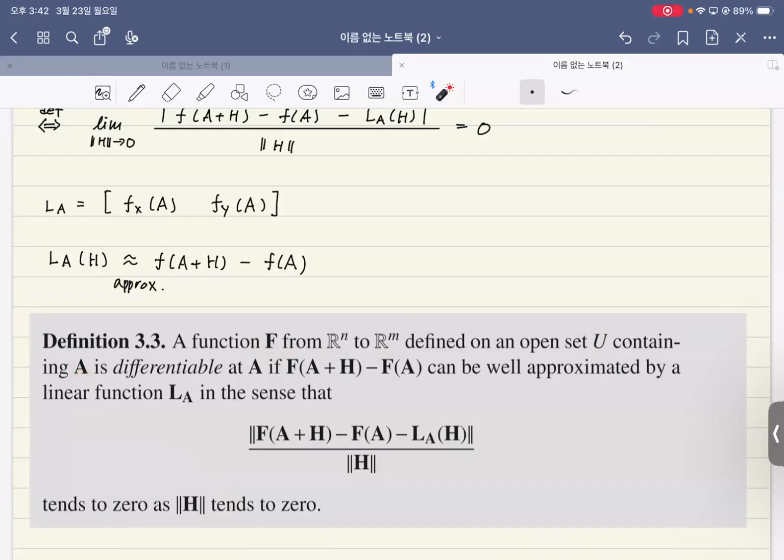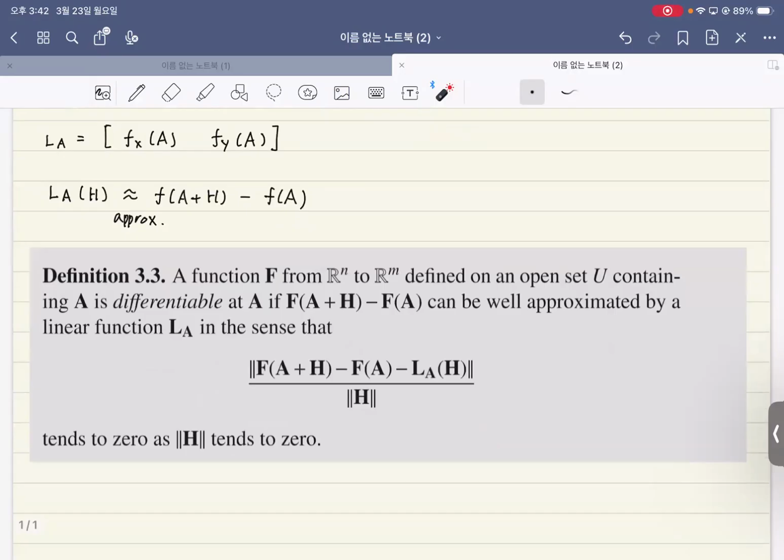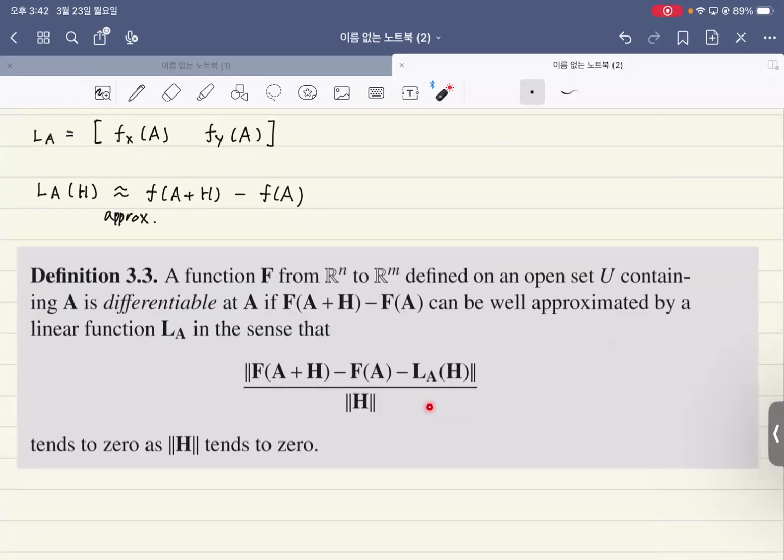We say the function is differentiable if f of a plus h minus f of a can be well approximated by a linear function L_a, in the sense that the error divided by the length of h is tending to 0 as the length of the vector h is tending to 0. Like my previous lecture, what we want to do today is find this linear function L_a.